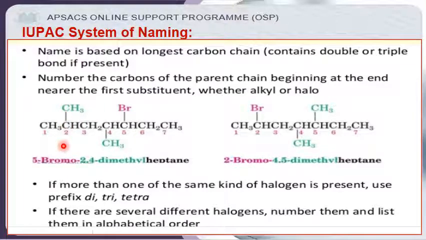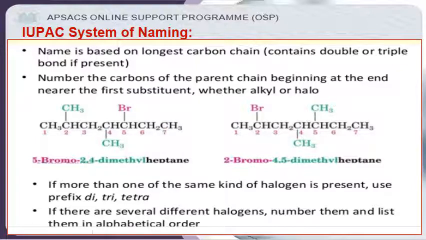Number the carbon of the parent chain beginning at the end nearer to the first substituent, either alkyl or halo group. Here we have 2 examples. The first example: when we are considering numbering from this carbon atom, the methyl is on second position and halogen is on fifth position.